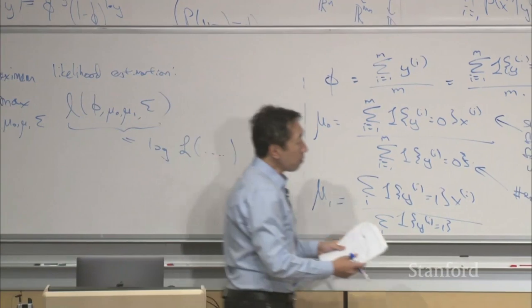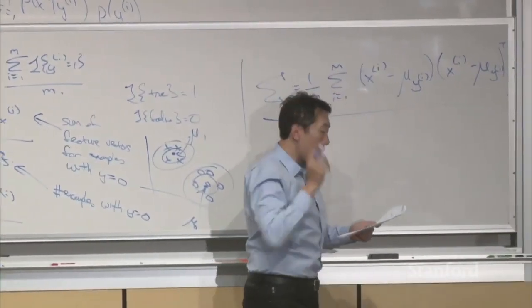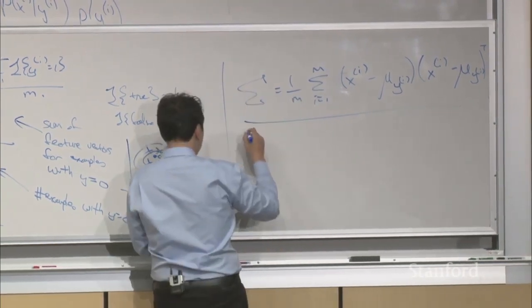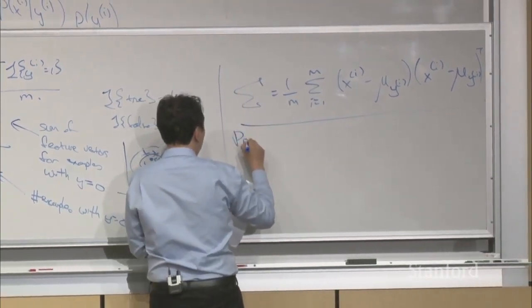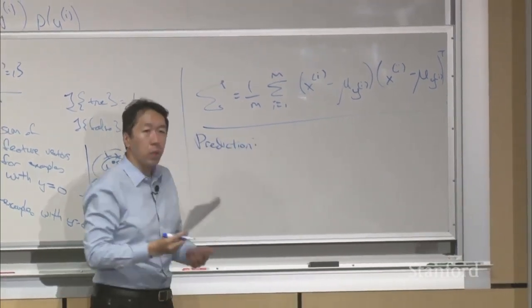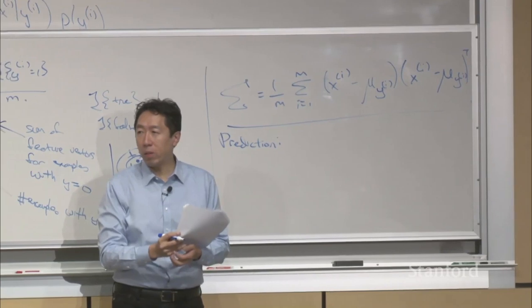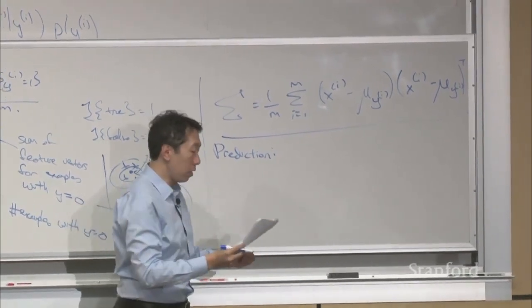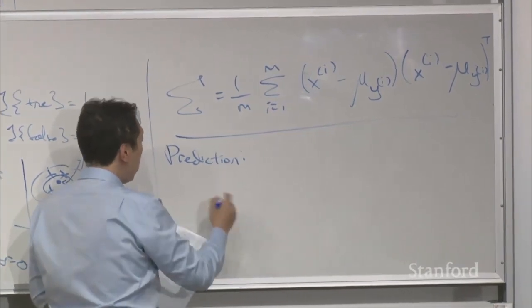All right. Finally, having fit these parameters, if you want to make a prediction, given a new patient, how do you make a prediction for whether their tumor is malignant or benign?